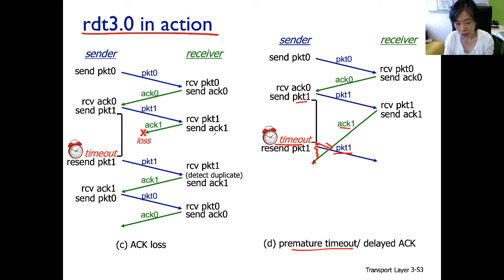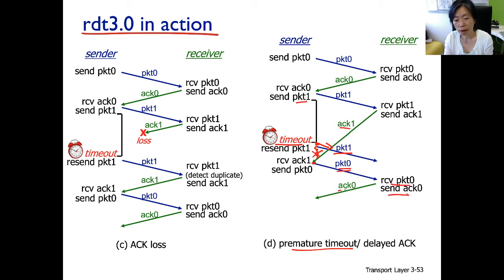Cancel the timer and send the next packet. So packet 0 goes. And that's going to trigger ACK 0 and come back. And data 1 goes, ACK 1 comes back. Data 0 goes, ACK 0 comes back.